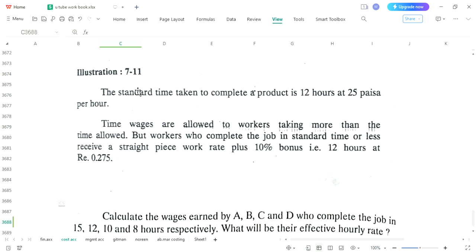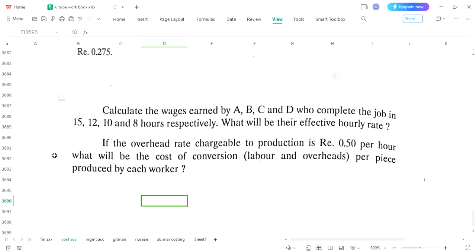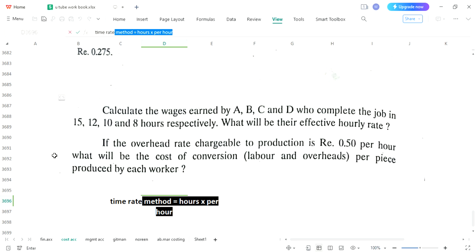That means how much amount a manufacturing concern can be paying to its labor workers, for which two main methods of calculation of wages are used. First, the time rate method, in which hours worked are either calculated or present in the question, and multiplied by the rate per hour.